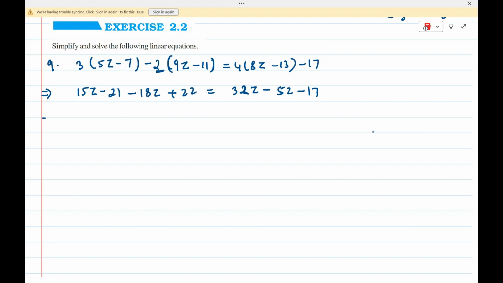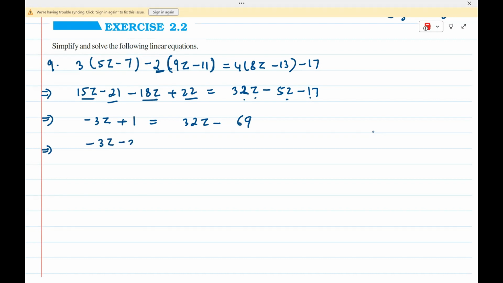Minus 52 minus 17. Now 15 minus 18z will give you minus 3z. Minus 22 plus 22 is plus 1. On the other side, 32z minus 52 minus 17 will give you 69. Now separate the variable.